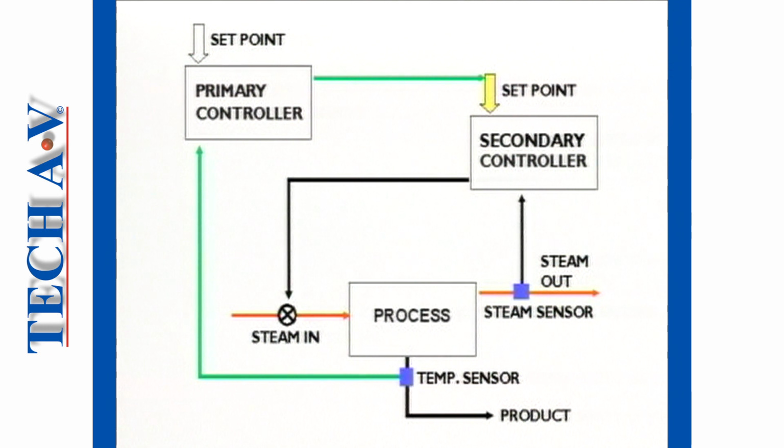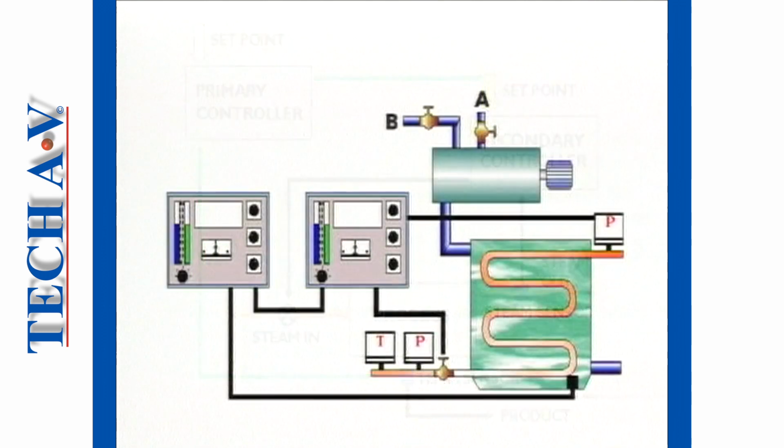Here's how the cascade control system functioned to keep the temperature of the mixture closer to the set point. The inner, or secondary loop, contains a pressure sensor which monitors the steam pressure in the heat exchanger. Variations in steam pressure are addressed by the secondary controller, causing the steam valve to open and close according to the steam pressure.